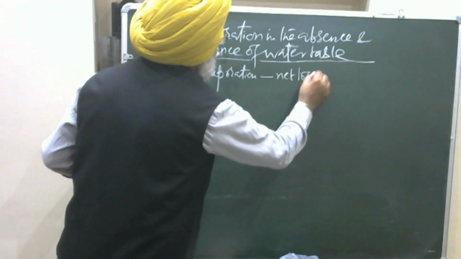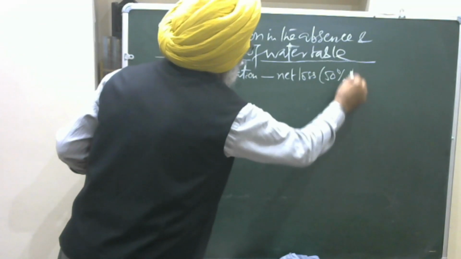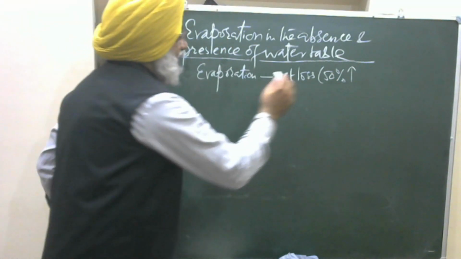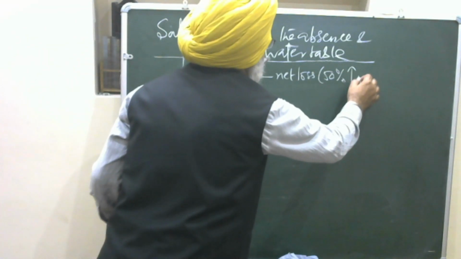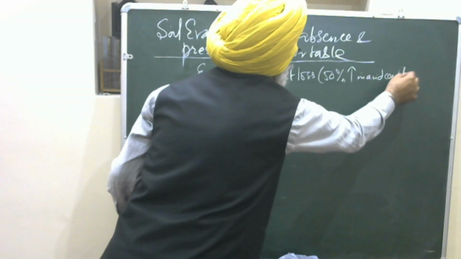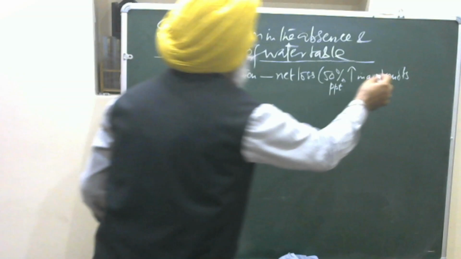That means evaporation is 50% higher than that of precipitation under arid conditions. 50% higher in arid conditions, and this 50% is relative to the precipitation we receive.